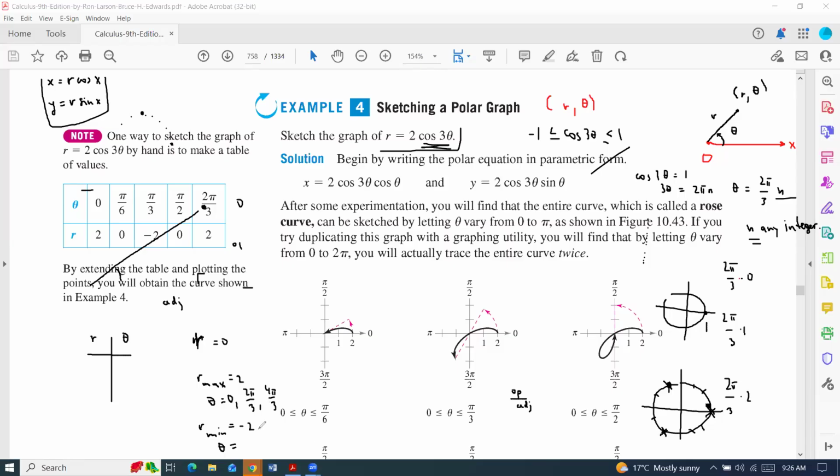And what about the -2 values? Well, again, I'm dealing with this function, so cosine of 3 theta is -1. So when is it -1? Well, maybe let me use another color. Red. So that will be here, cosine -1.